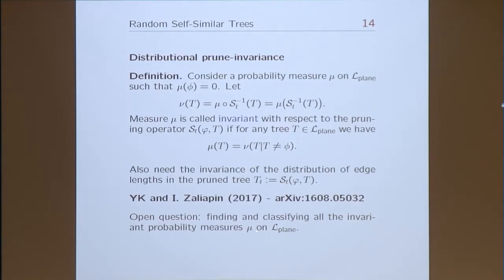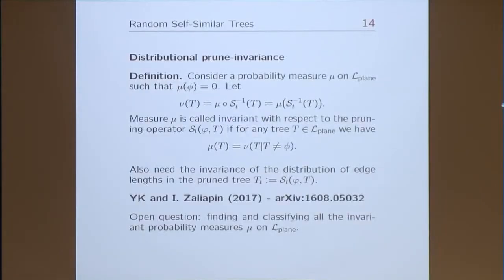So we need a measure like the Galton-Watson measure that generates trees such that if we prune and condition on not the whole tree being erased, then we get the same distribution, maybe scaled. Like lengths get scaled. So essentially think about it as some kind of shift distribution, right? You erase the trees from the leaves down, and you're looking for invariances. And this is the slide you were waiting for, okay?